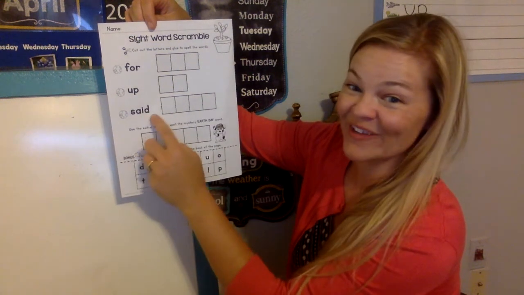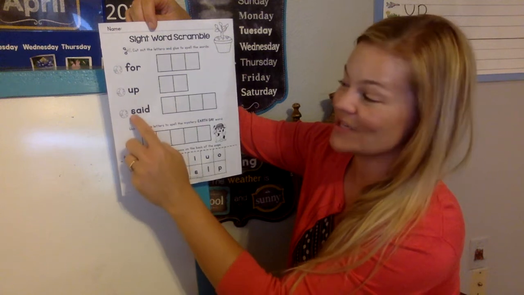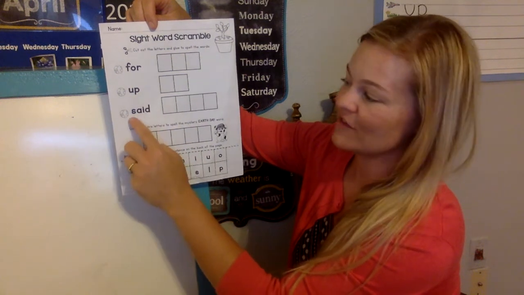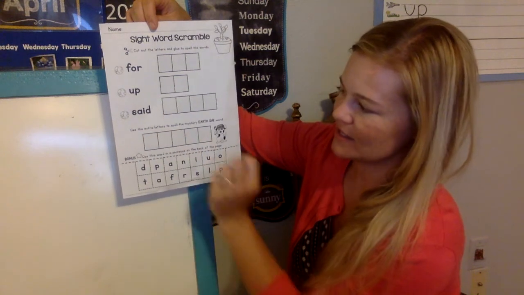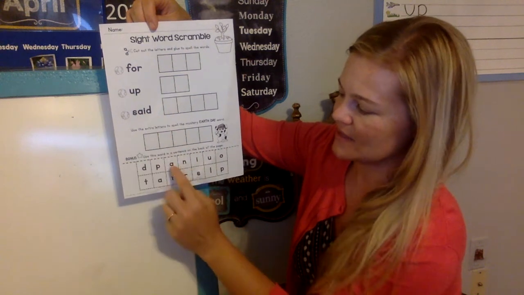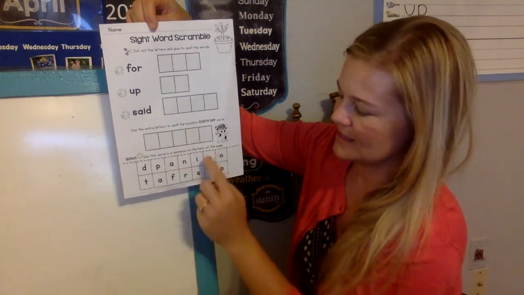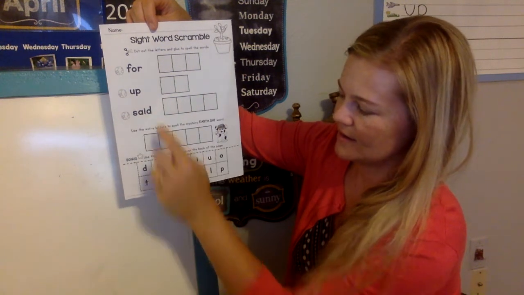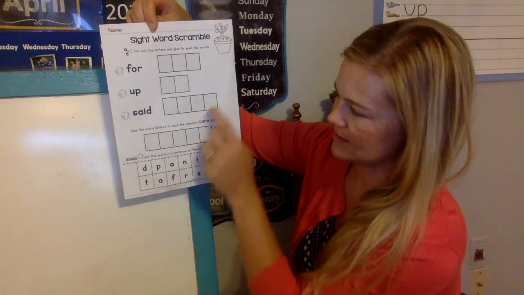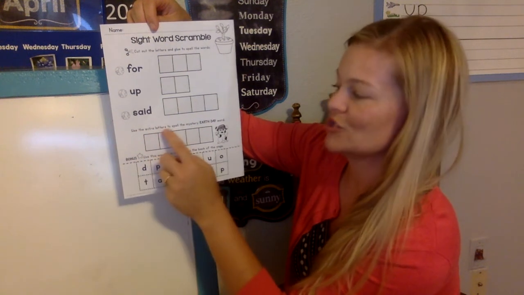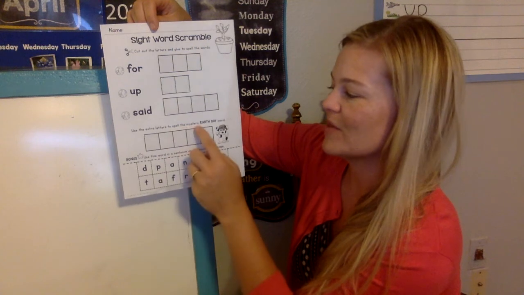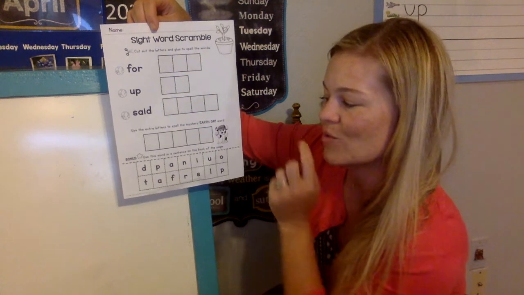Now we're going to do that really hard one, that really tricky one. It's the word said. First letter in said is an S. Cut out the S and glue it here. And then cut out the A, and then the I, and then the D. Then it says, use the extra letters to spell the mystery Earth Day word.